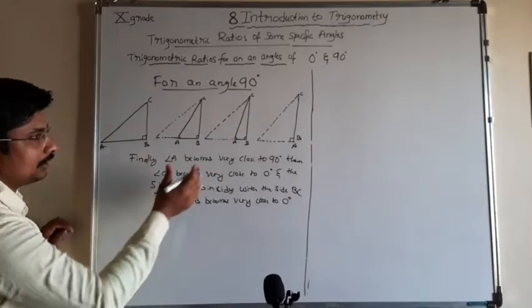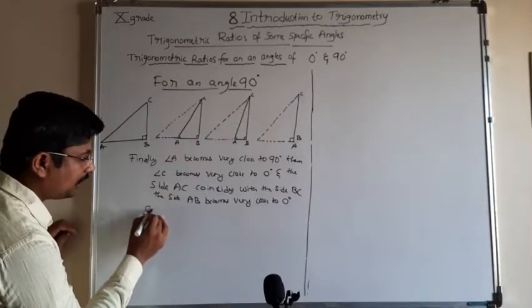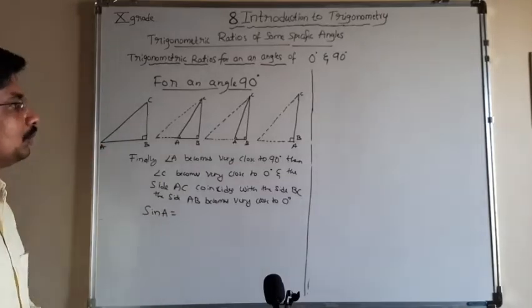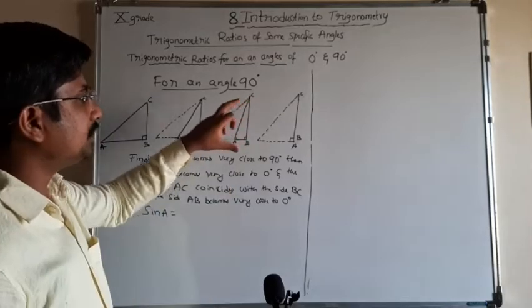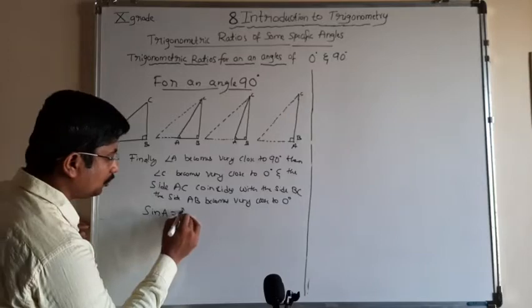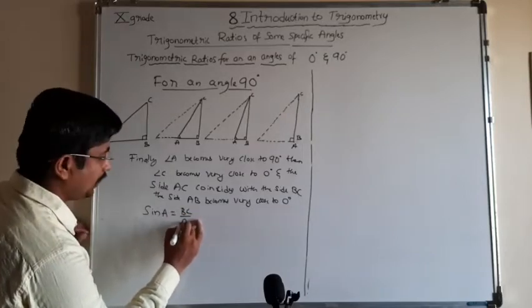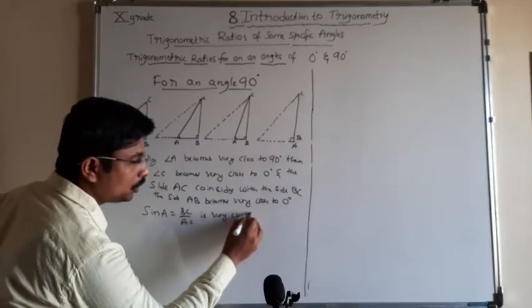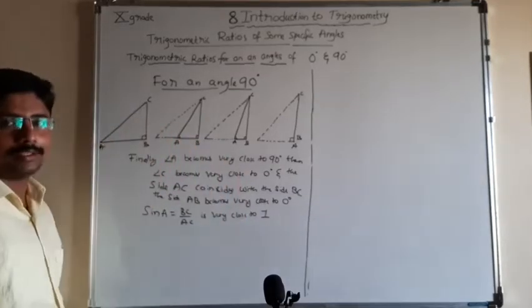Thus, what is the value of sin A then? The value of sin A is equal to opposite side divided by hypotenuse. That is, sin A is equal to BC divided by AC, which is very close to 1.